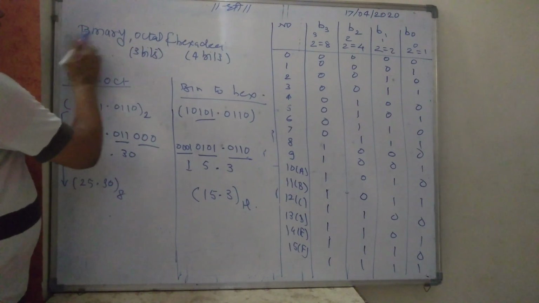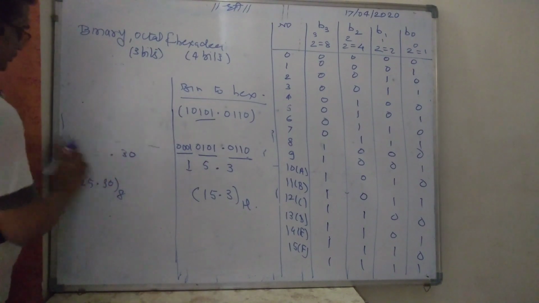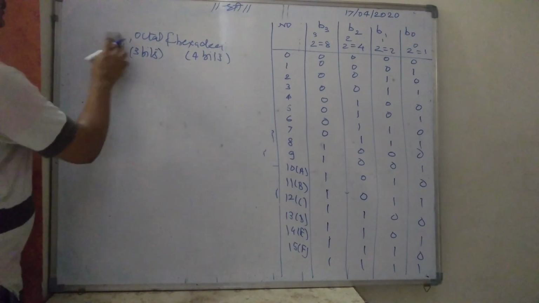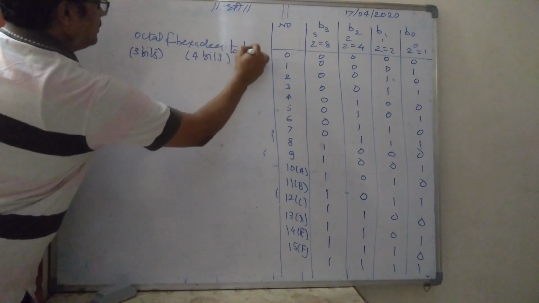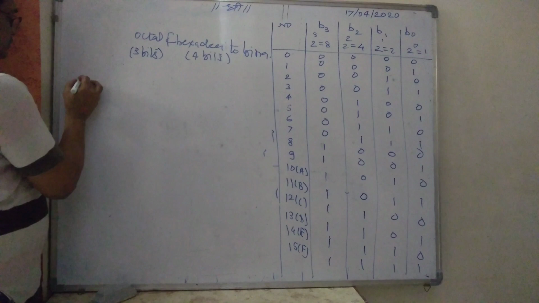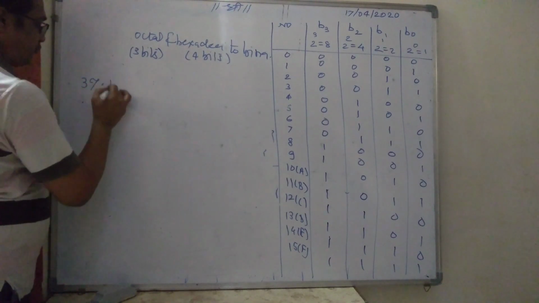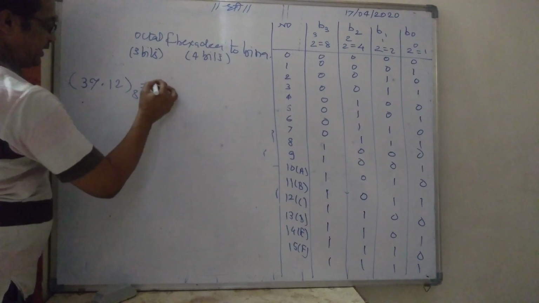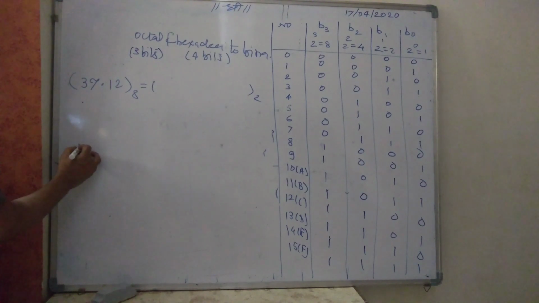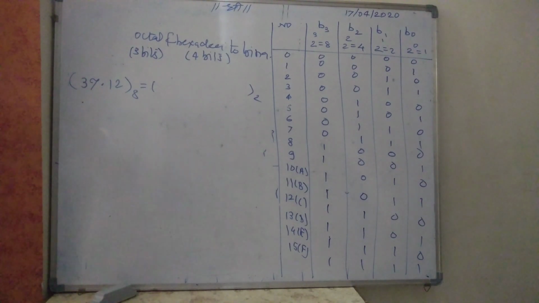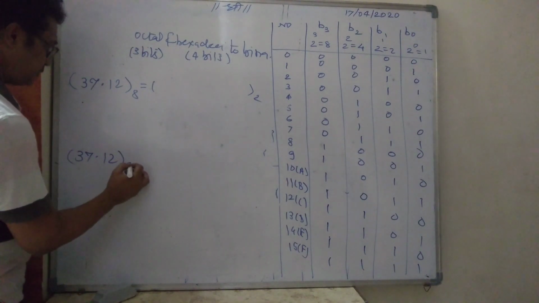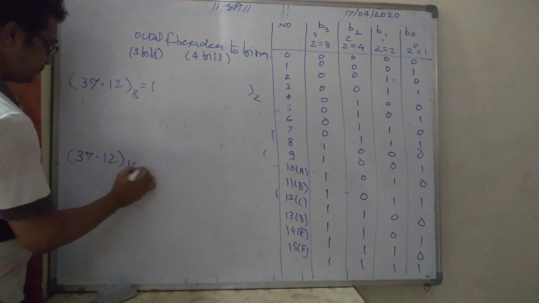Now octal to binary, hexadecimal to binary, reverse process. I am writing one octal number, 37.12 octal into binary, and 37.12 hexadecimal into binary.